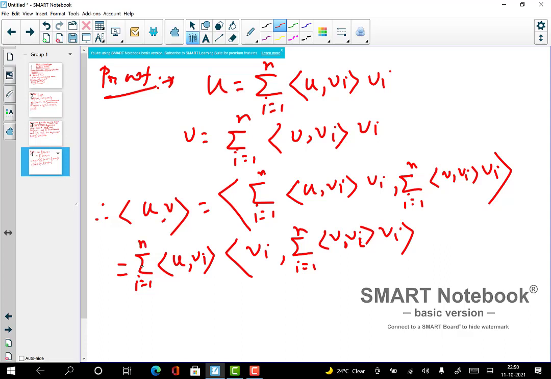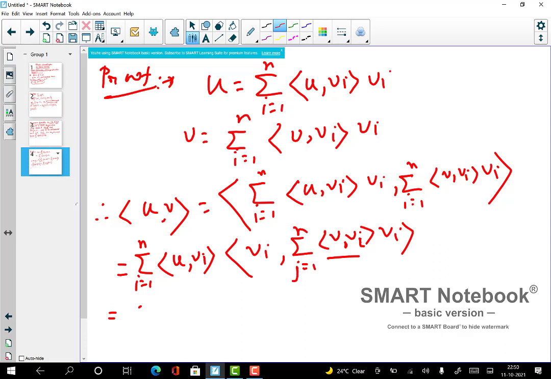Okay, now again you can apply the property of inner product. Now because this is in the second argument, the conjugate of this scalar will come outside. So how to write this?